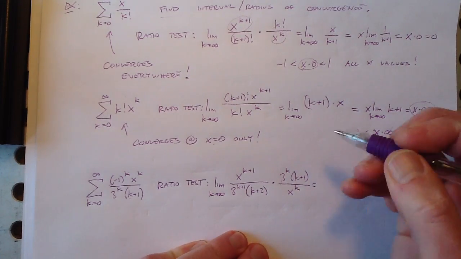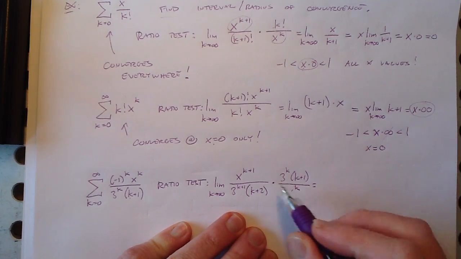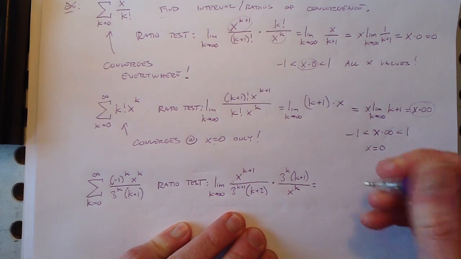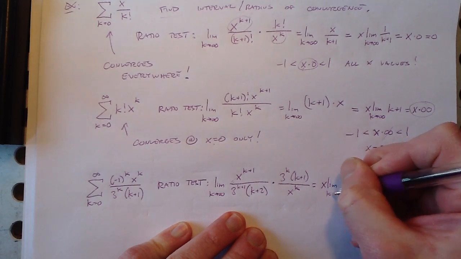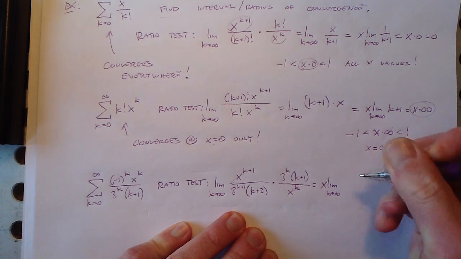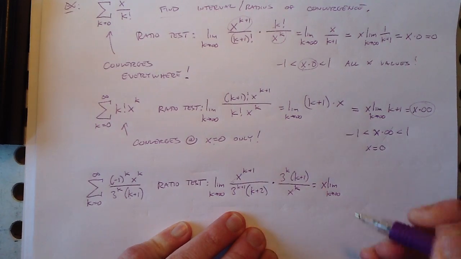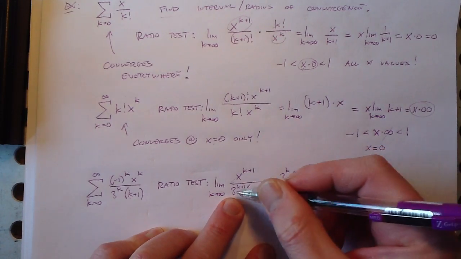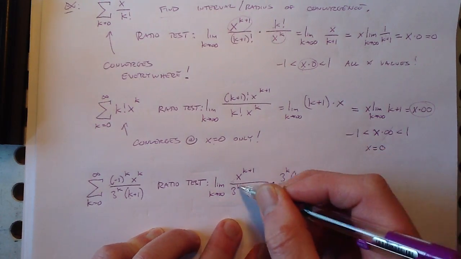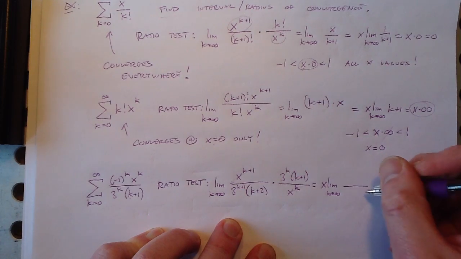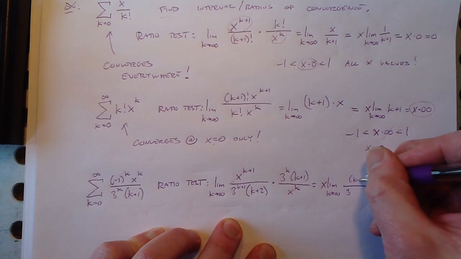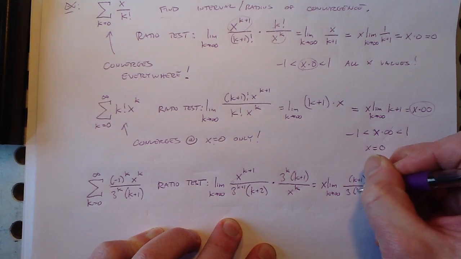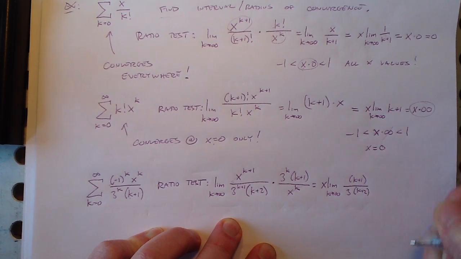Okay, doing some canceling here, and I'm going to bring my x to the outside. There's one x there, that comes to the outside. This many 3's and this many 3's, I've got one extra one on the bottom. And then I've got k plus 1 here and k plus 2 here.